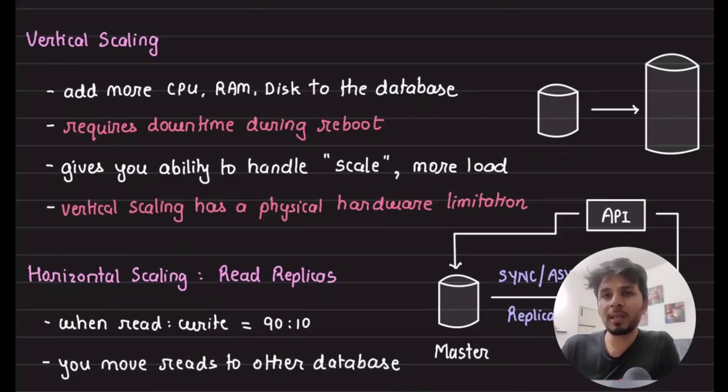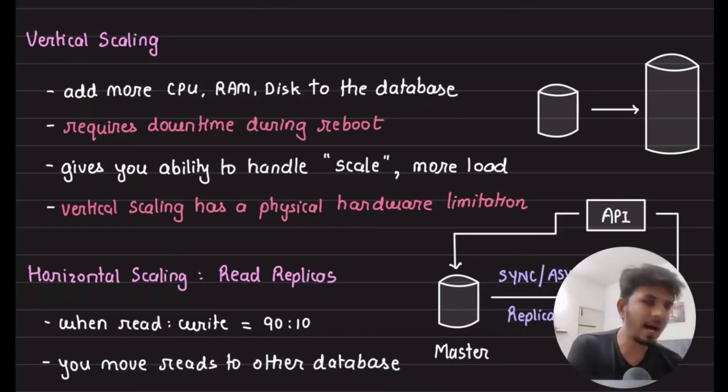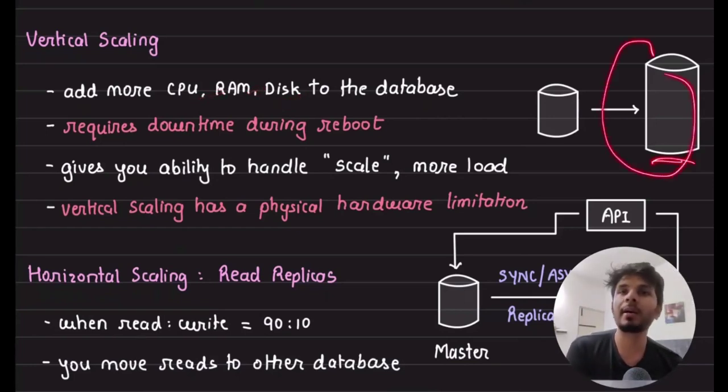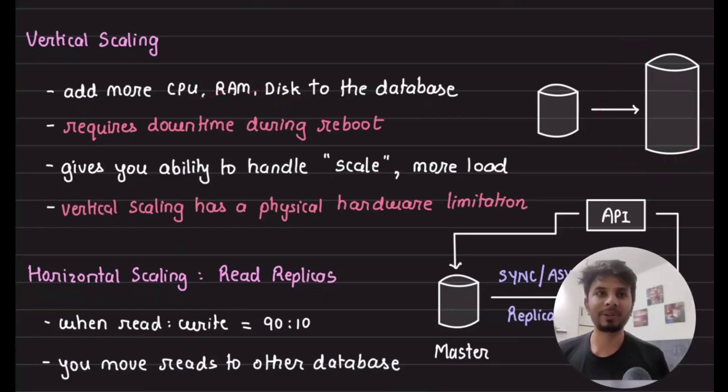But when you see progress, when you see a huge amount of load coming in, that 4 GB RAM does not seem enough. So to be able to handle a huge amount of load, you would have to pour more resources into that database, which means you add more CPU, more RAM, more disk to the database and make it big enough to handle the load, right?